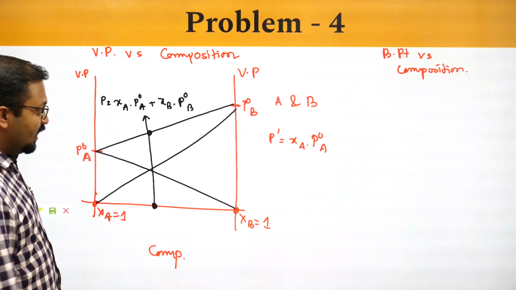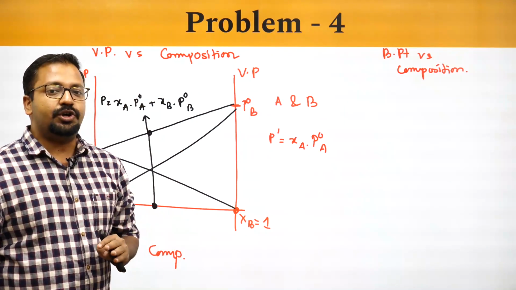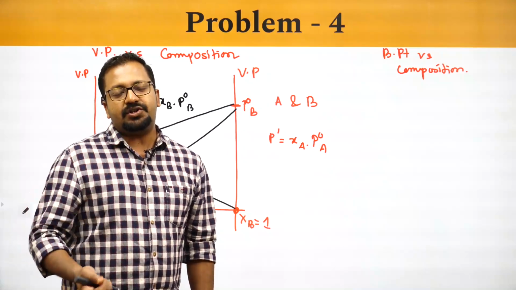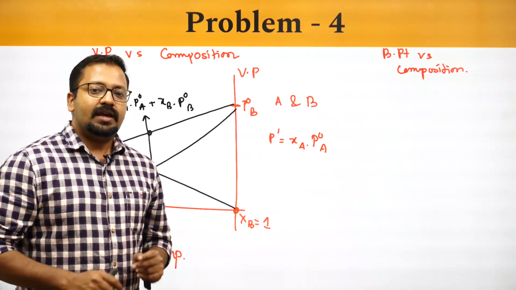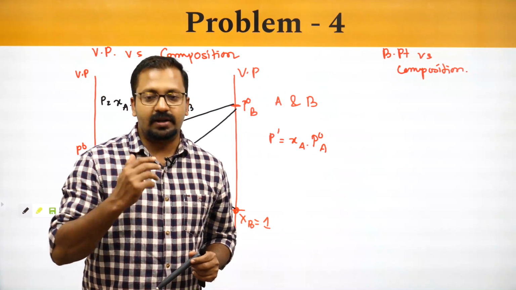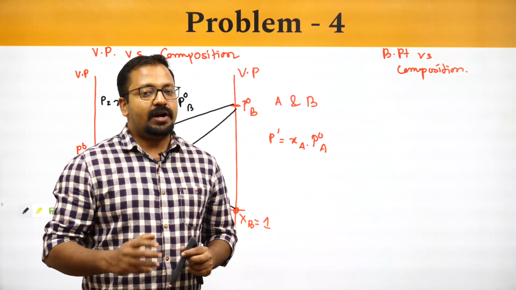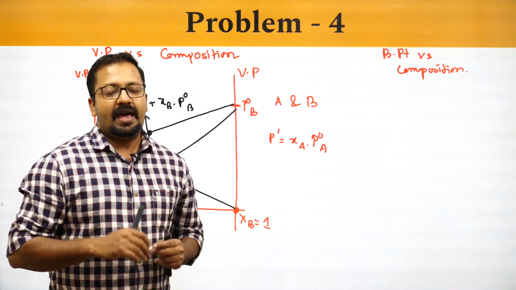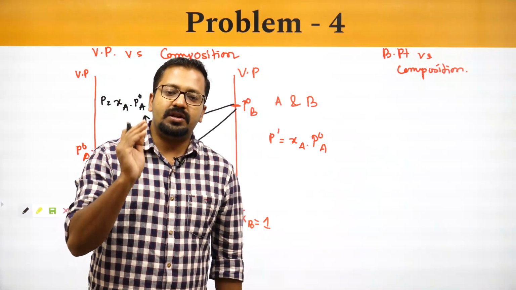Okay, now if I want to draw the boiling point versus composition plot, it is again very simple. You have to just remember that if vapor pressure is more, boiling point will be less. What is the reason? Suppose you took water and acetone. Acetone evaporates just by keeping it in our hand, so acetone is more volatile. Being more volatile means its tendency to escape into the vapor state is higher, and if its tendency to escape into the vapor state is higher, its vapor pressure is also higher.